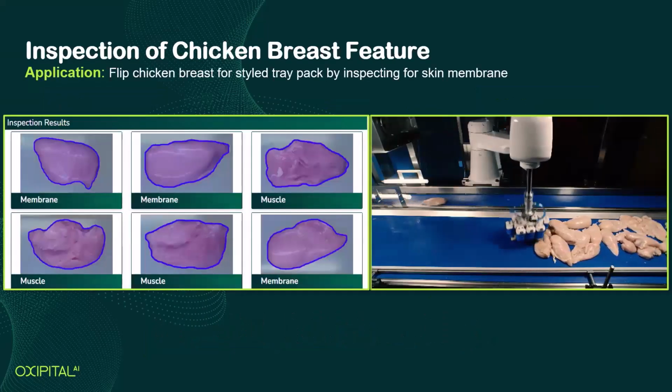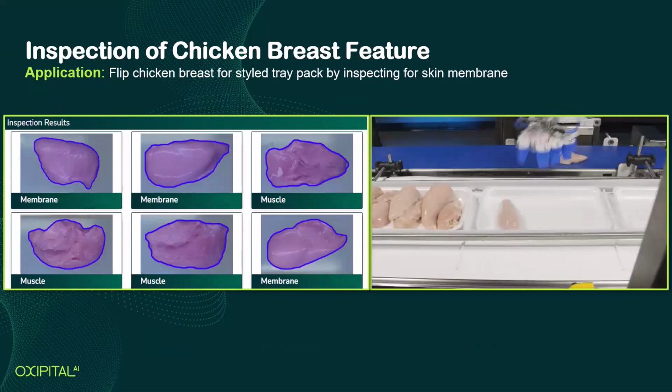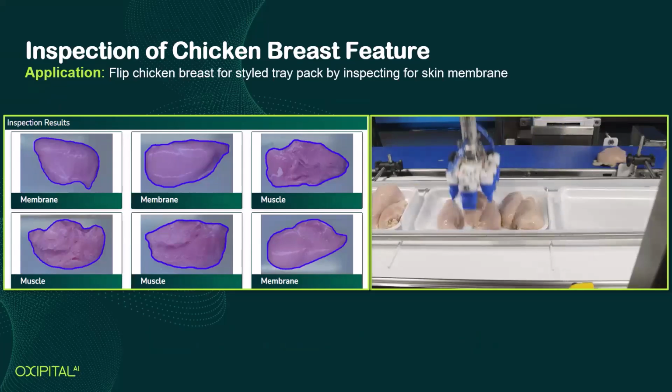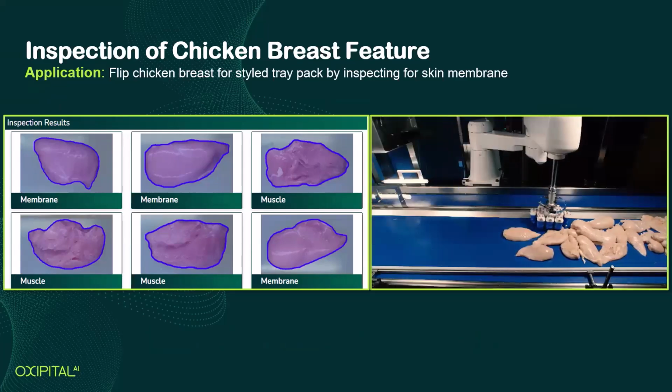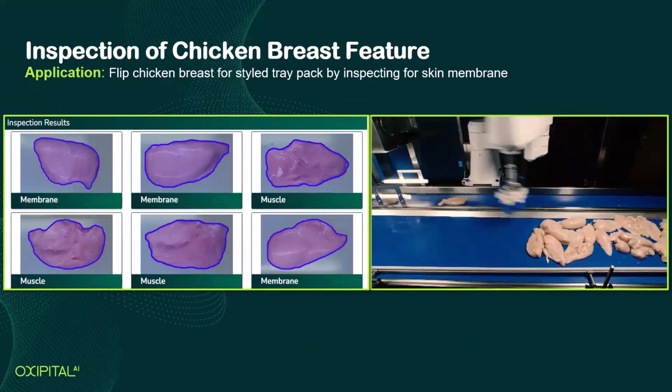Now, along with inspecting for trim level on chicken breast, if you want to move towards robotic tray packing, you need to ensure that the presentation or styling in the tray is appealing to consumers. Most processing facilities have this chaotic infeed or flow of product to a tray pack station.